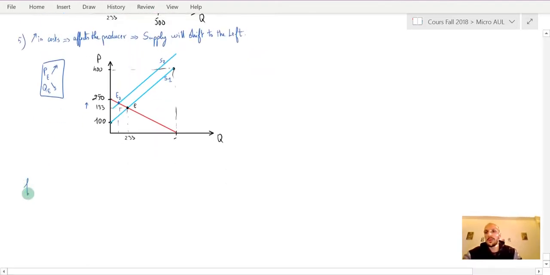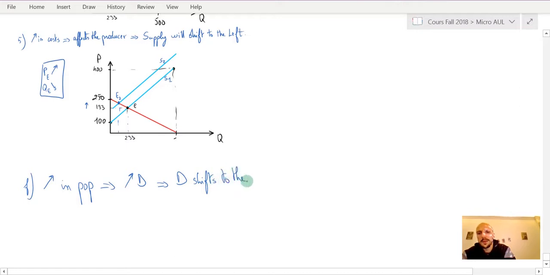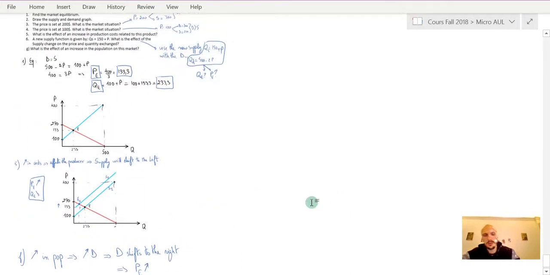Find the question, which is 6 or 7, I don't remember, maybe it's called F. An increase in population means it will increase the demand, meaning the demand shifts to the right. We already saw above what happens when the demand shifts to the right. Price at equilibrium will increase and quantity at equilibrium will also increase.